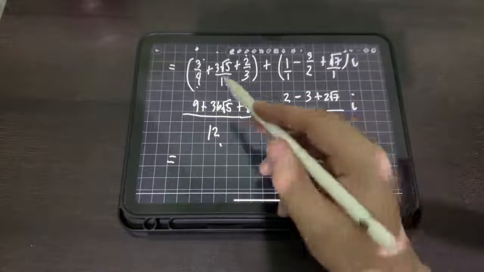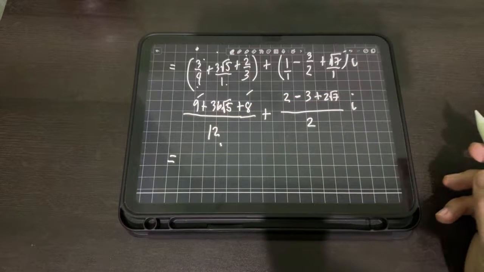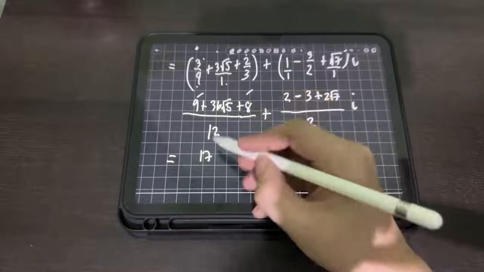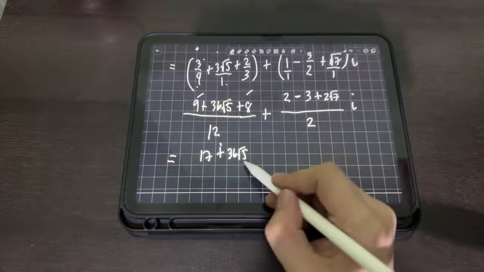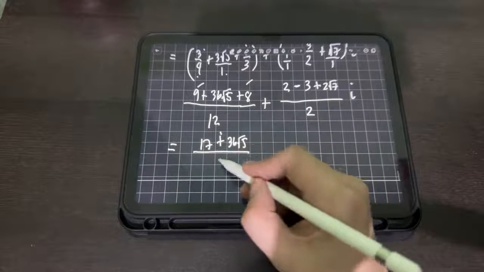And then we can still combine here on the real part. On the numerator, what we can combine is just 9 plus 8. So 9 plus 8, that's 17. And then let's just copy this plus 36 square root of 5 again, because it has an irrational part, square root of 5, over 12.